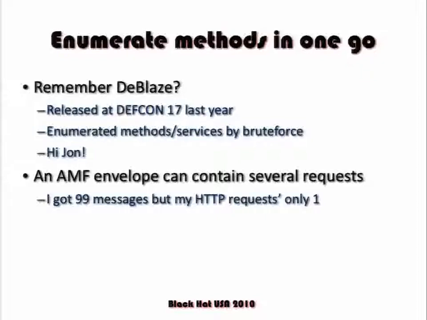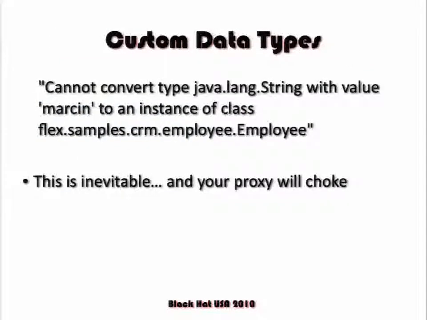You probably will run into cases where the Flex client is passing back custom objects to the server. Say you have some employee object. When your proxy goes to deserialize this, it's going to choke on it because it doesn't know the structure of that object. So what we could do, in literally 4 lines of Python, is create an object factory. This object factory is basically just a dictionary behind it.